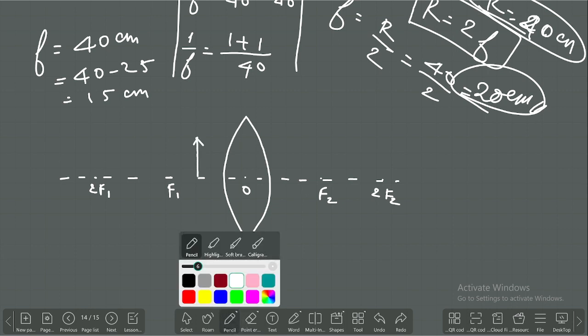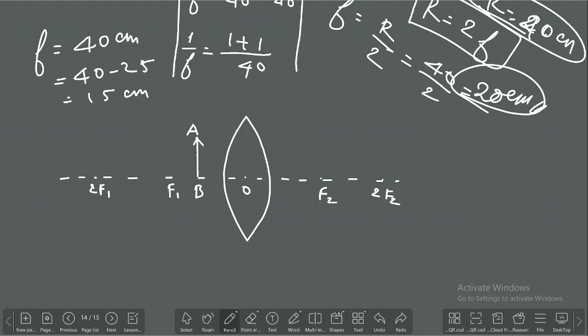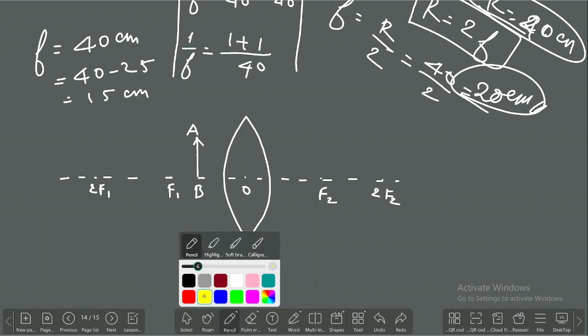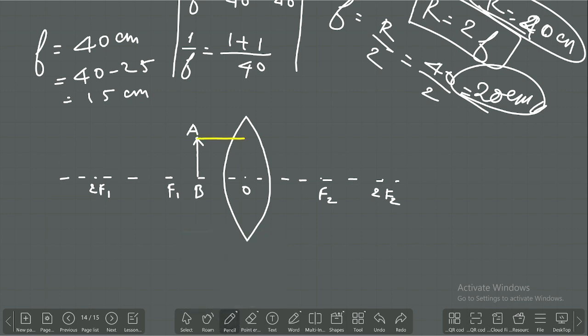Mark the head of the object as A and the tail of the object as B. Now send the incident ray passing parallel to the principal axis from the head. After refraction, it will pass through the focus F2. Again, if the incident ray passes through the optical center, it will go in a straight line without any deviation. There is no possibility for these two refracted rays to meet.